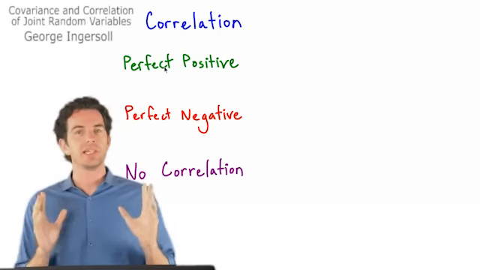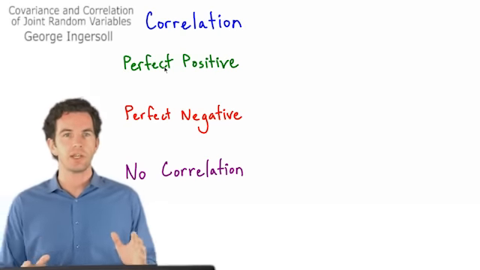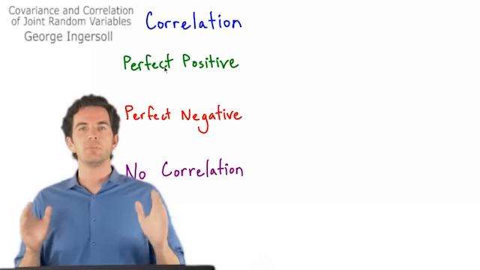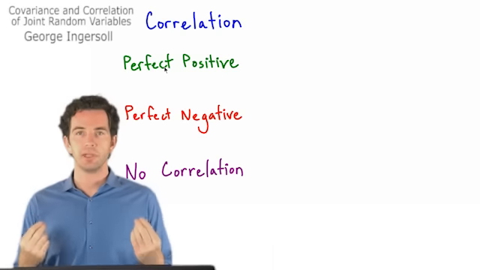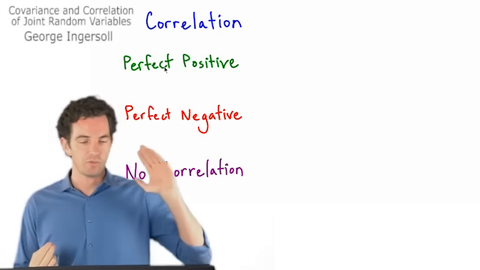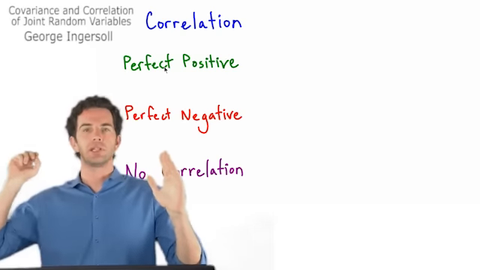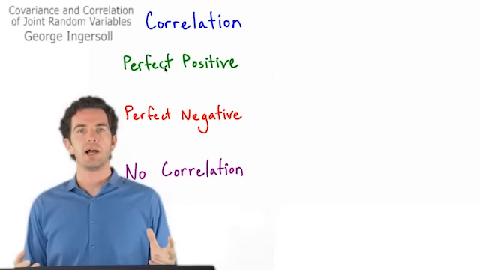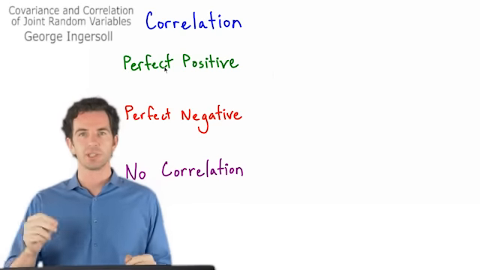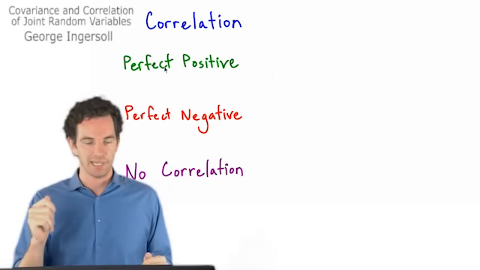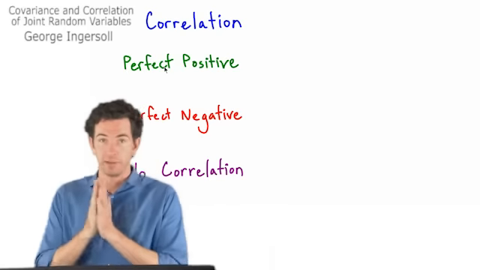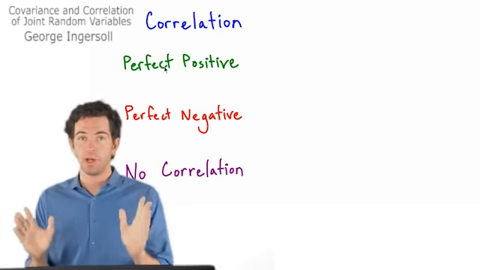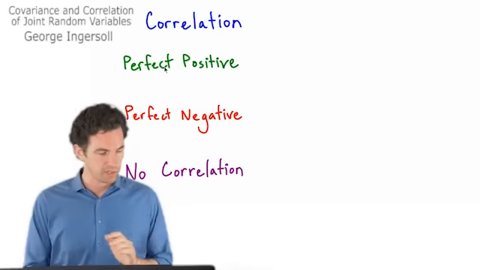It doesn't mean there's a linear association, but it means that there's an entirely predictable relationship between the two events. Meaning if one goes up, the other one is going to go up. If this is a perfectly positive association, it means the other one's going to go up by an exactly predictable amount. Again, doesn't have to be 1-to-1, but it is going to be a linear association.